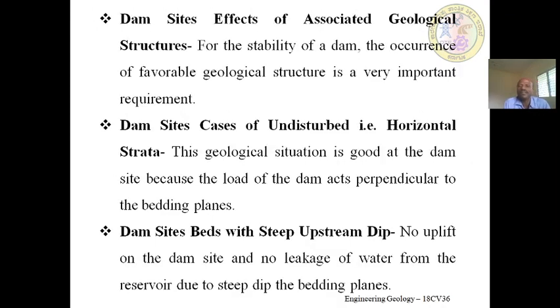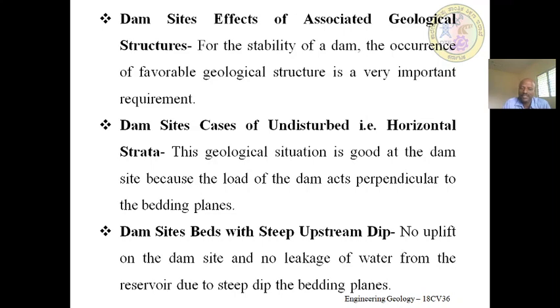Dam sites: effects of associated geological structures. For the stability of a dam, the occurrence of favorable geological structure is a very important requirement. In the case of undisturbed, that is horizontal, strata, this geological situation is good at the dam site because the load of the dam acts perpendicular to the bedding planes.